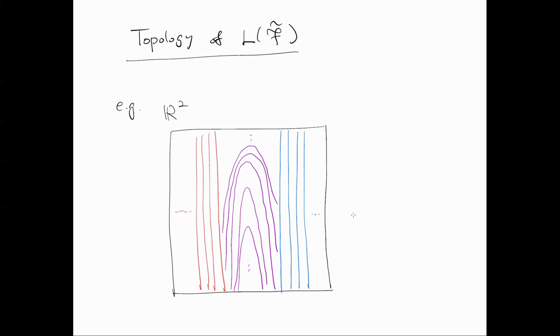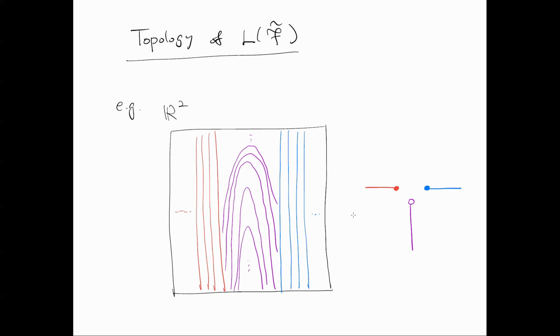So what is the leaf space of this foliation? If you think about it, this part here gives you an infinite ray, where this red dot corresponds to the boundary leaf here. In this part, we also have another infinite ray, and this blue dot corresponds to this blue line here. And in here, you have an infinite line corresponding to these purple leaves. The point is, these two points, red and blue, are not separated by open sets in the leaf space.